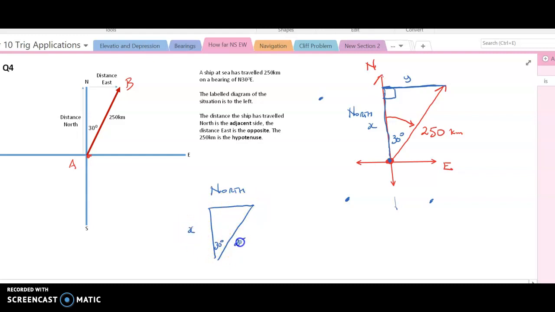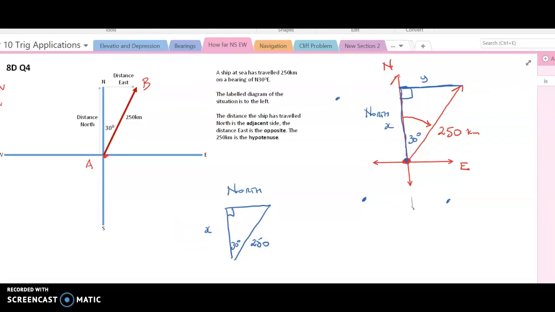That's what we want. 250. And there's your right angle. Don't forget to label your sides. So we always do the hypotenuse first. Hypotenuse. And then this is the adjacent, and we're not worried about the opposite.